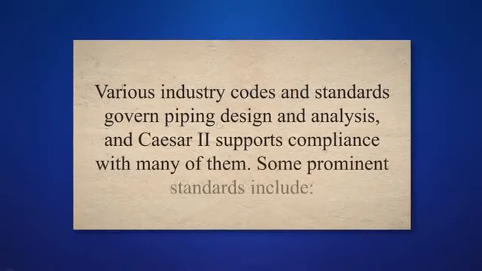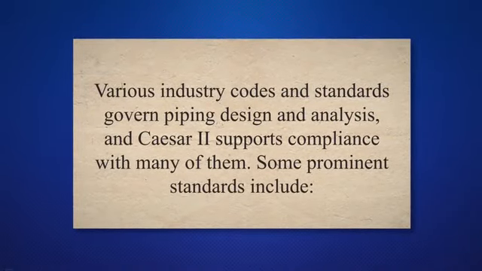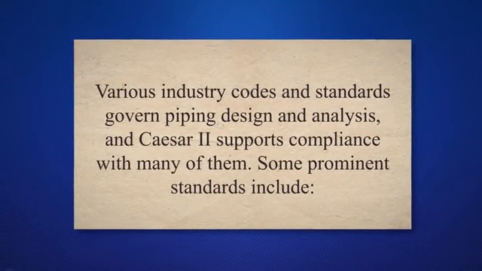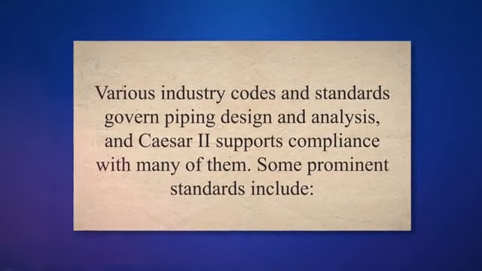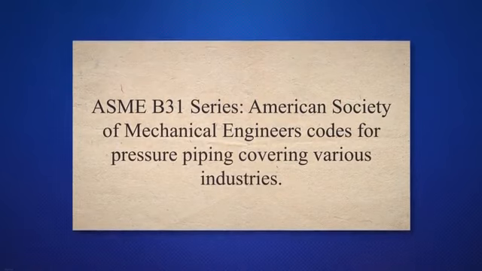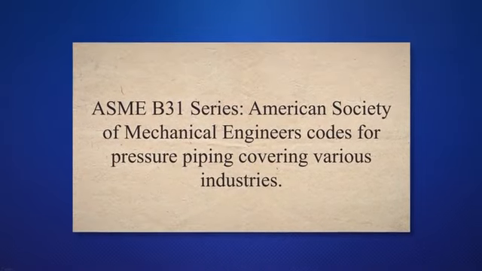Various industry codes and standards govern piping design and analysis, and CESA-2 supports compliance with many of them. Some prominent standards include the ASME B31 series, American Society of Mechanical Engineers codes for pressure piping covering various industries.